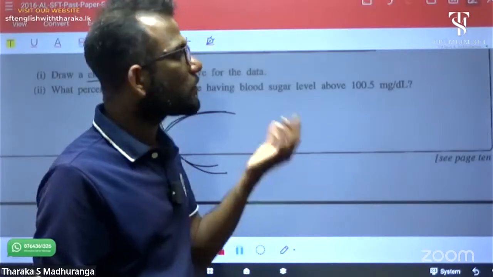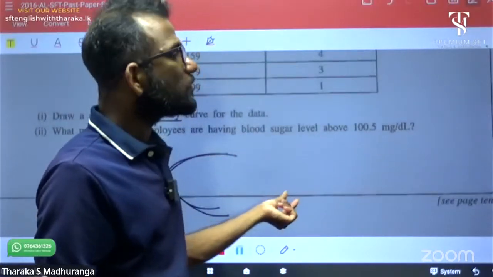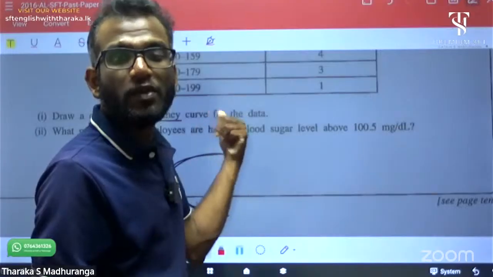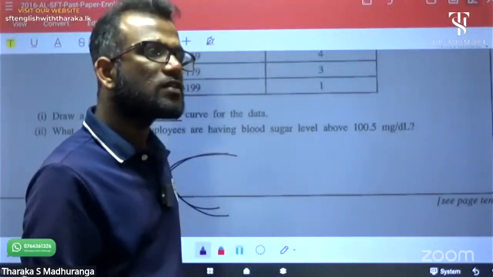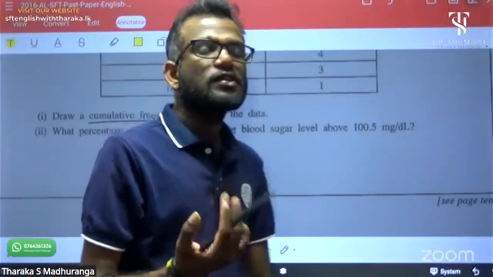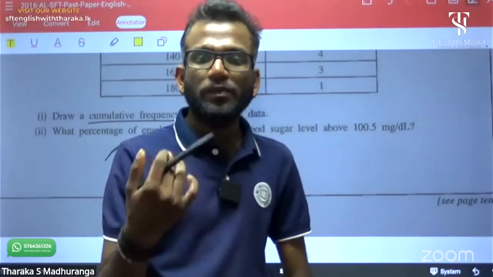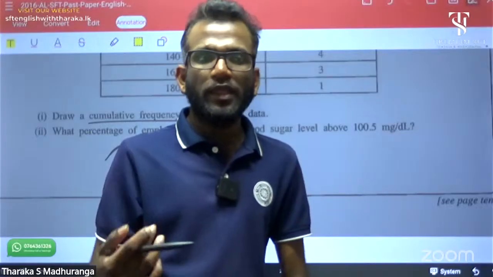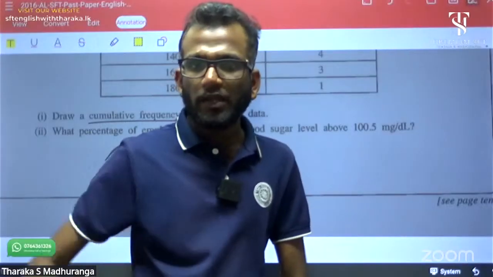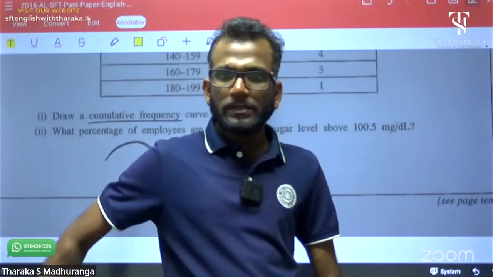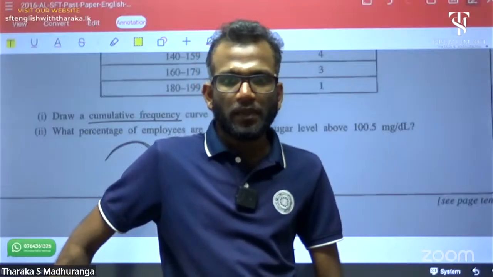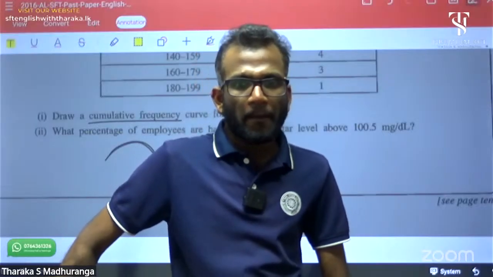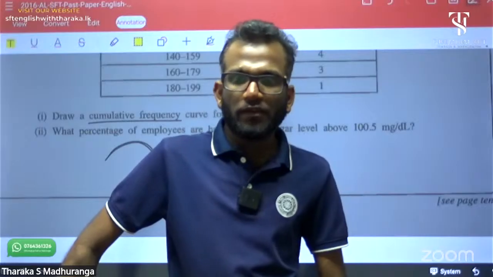My question: the exam question gives only cumulative frequency curve. Which graph do we need to draw? More than, or less than, or both? Khabir? Dihini? Joel? More than graph, less than graph, or both graphs?